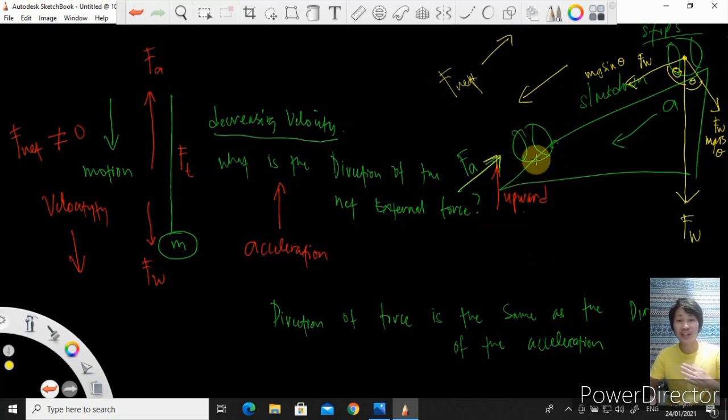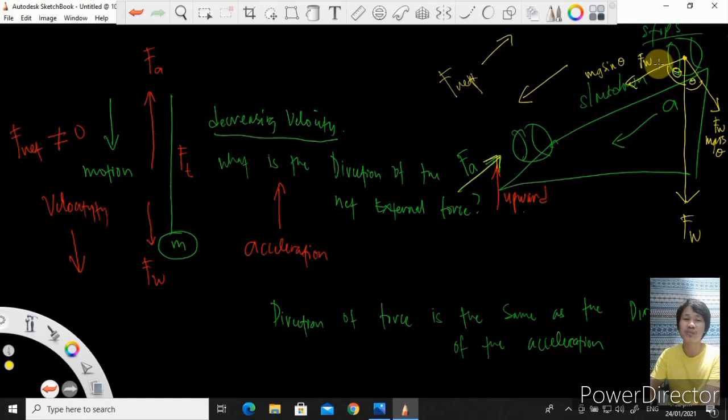It will continue to accelerate downward, pabilis ng pabilis yan, which is not the case kapag ginawa mo yon, kasi syempre inclined yung plane pataas, so obviously it will slow down, it will decelerate. Bakit? Kasi mas malakas yung component ng force of weight niya pababa.